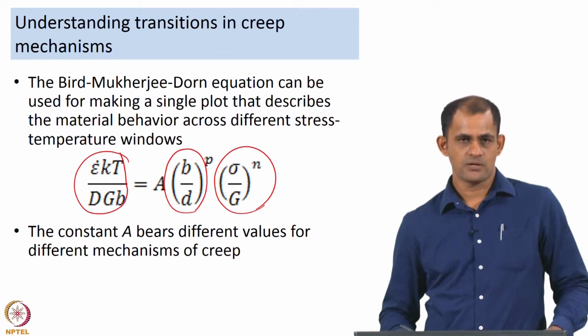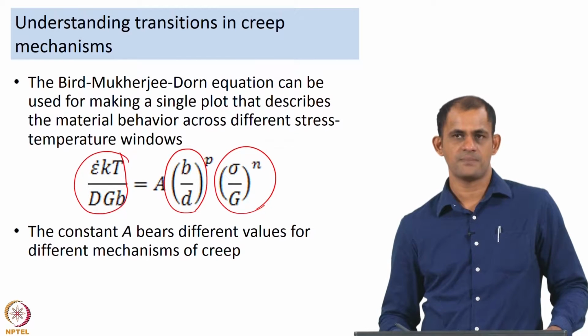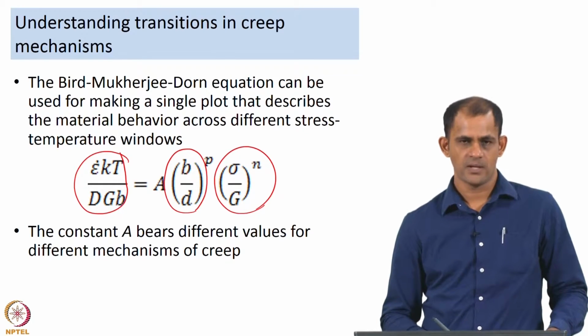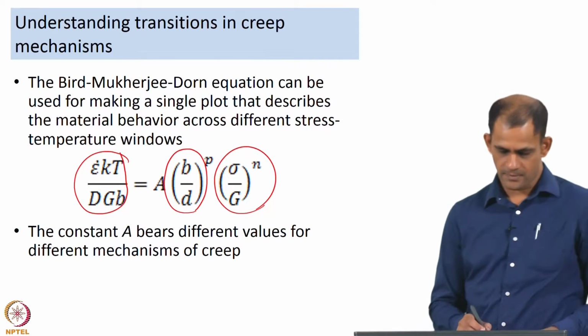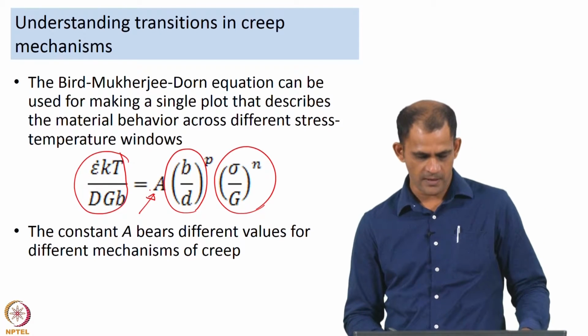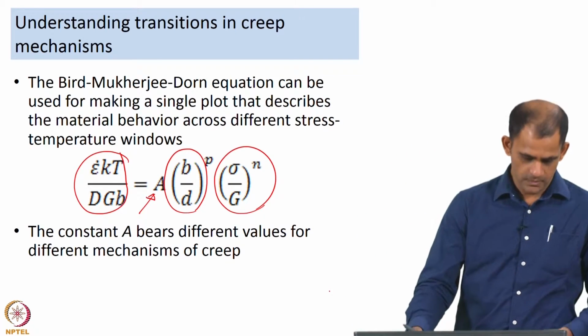So, it is a dimensionless equation, and it can be used for making a single plot that describes the material behavior across different stress, temperature and microstructure windows. One of the key terms here is the constant A, and this constant A bears different values for different mechanisms of creep.